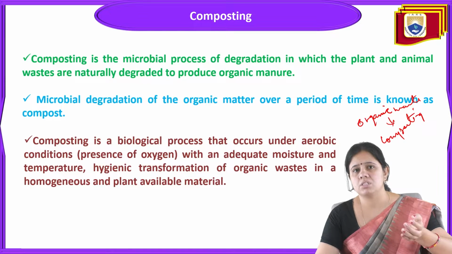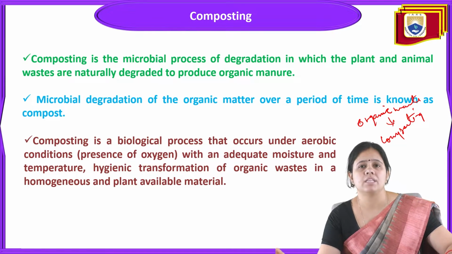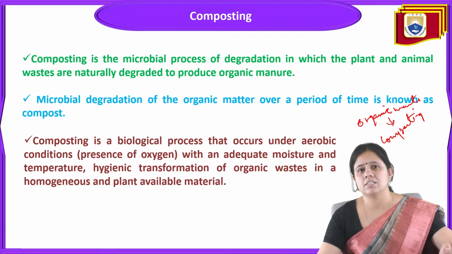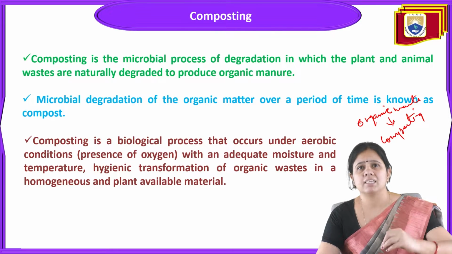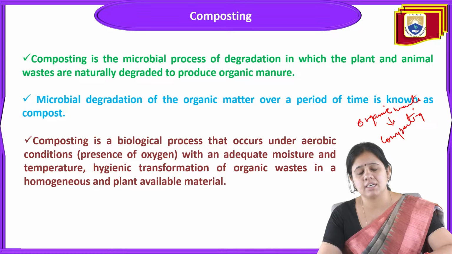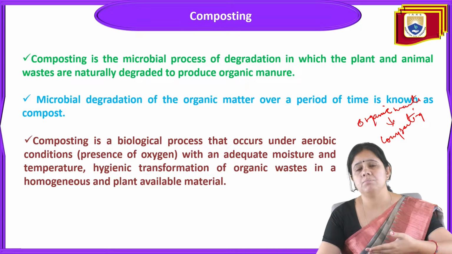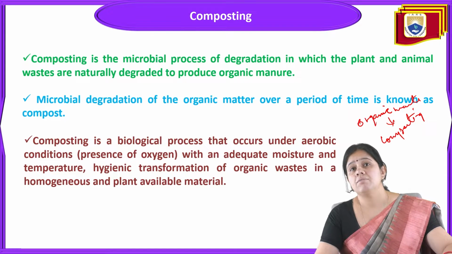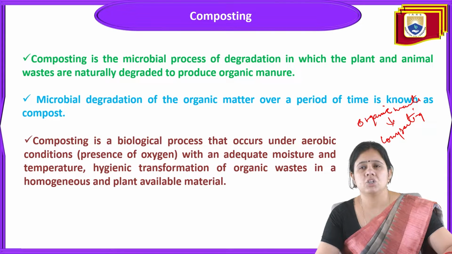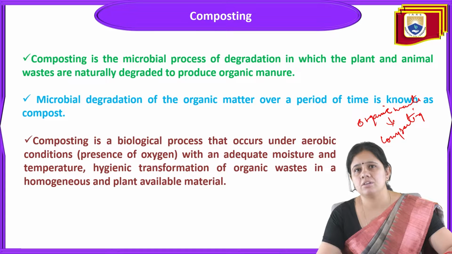That's why composting is much applicable to agriculture waste, because agriculture waste is mostly plant and animal waste, and it can be degraded by microbial activity through a lot of microbial processes, and at the end, organic manure is recovered. So this composting process involves the microbial degradation of organic matter over a period of time.